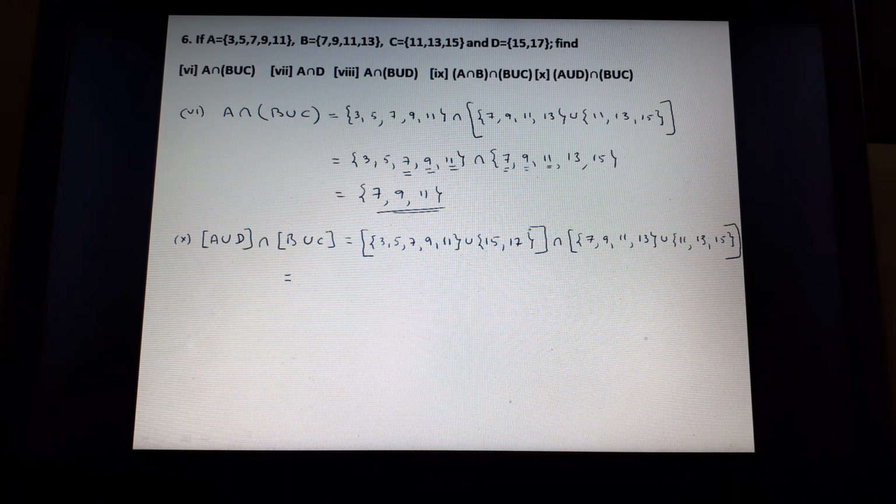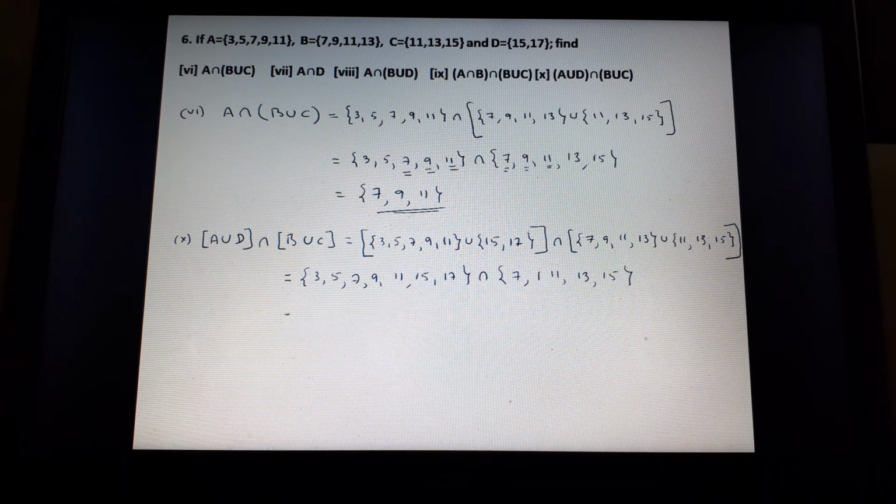Now you need not use this bracket, you can directly write the set. So 3, 5, 7, 9, 11 I have to write from the first set. Remaining also I have to write, 15 and 17 because it is union. Then intersection, here 7, 9, 11, 13, then I have to write 11, 13 already there, 15.